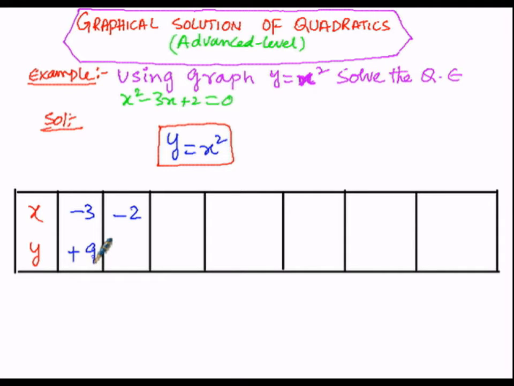Now we assume the x value as minus 2. To find the y value, we replace x by minus 2, that is minus 2 whole square.